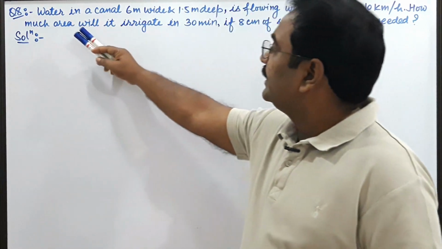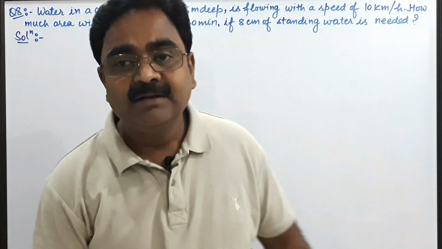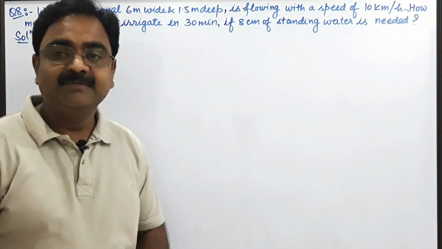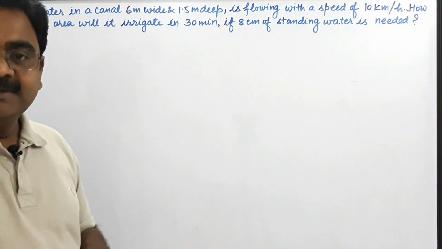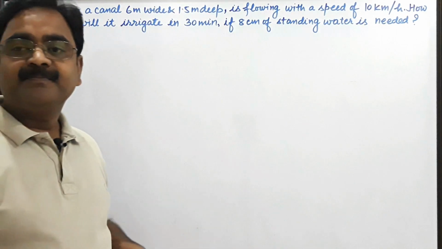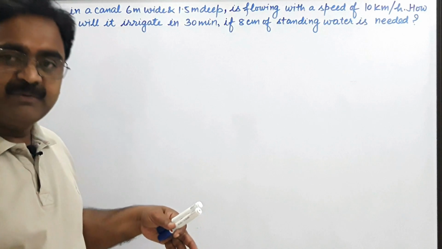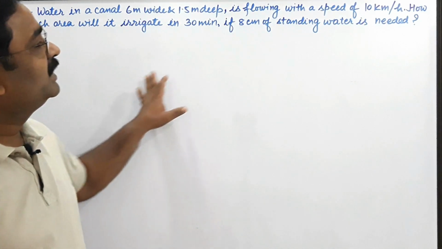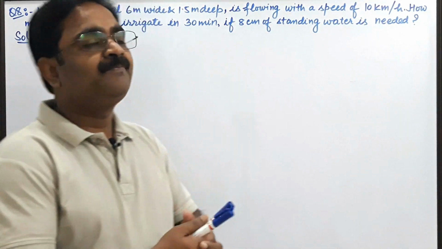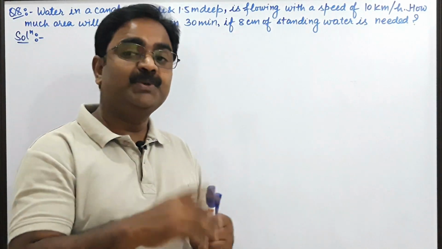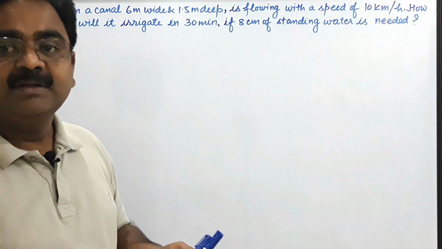In this it is given that a canal which is 6 meter wide and 1.5 meter deep is flowing with a speed of 10 km per hour. Means in 1 hour the speed of water in that canal is 10 km.